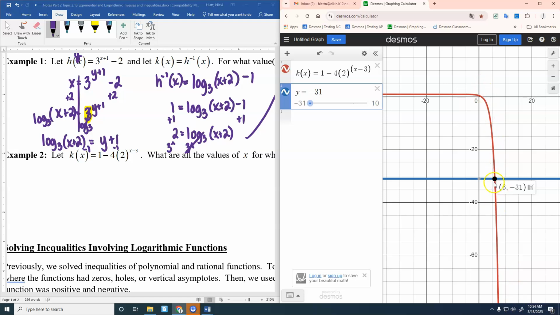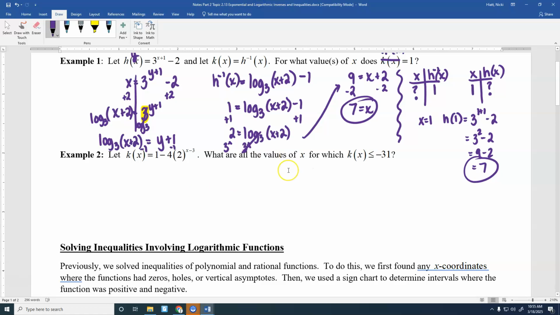You can see right here that that happens at 6. Negative 31 is where we cross, so everything bigger than 6 that gets plugged in will be below that. But let's think about what we would have to do if we didn't have a calculator for this.